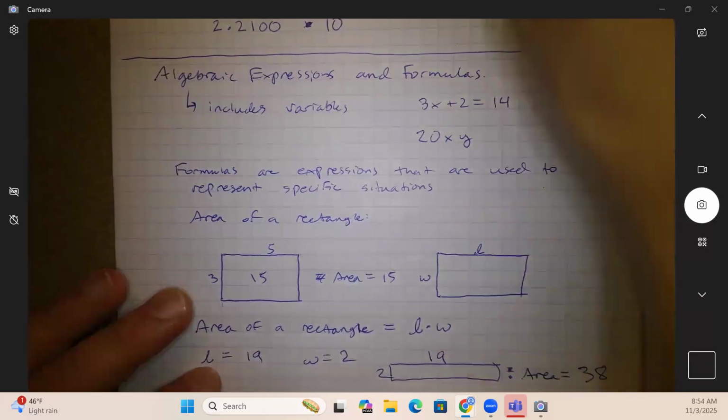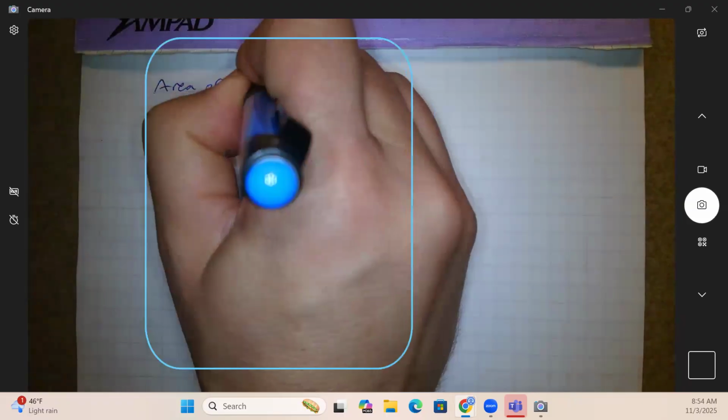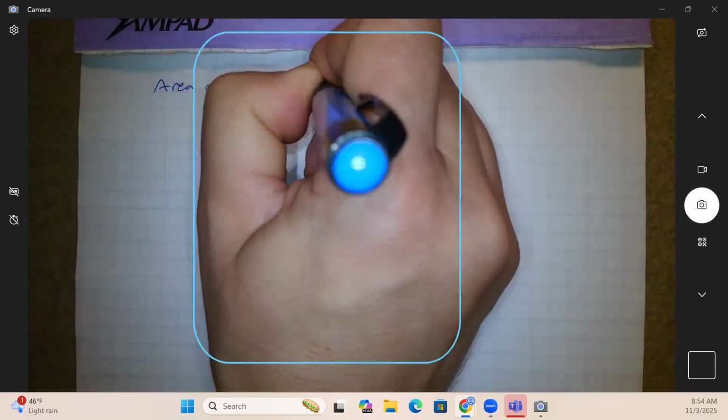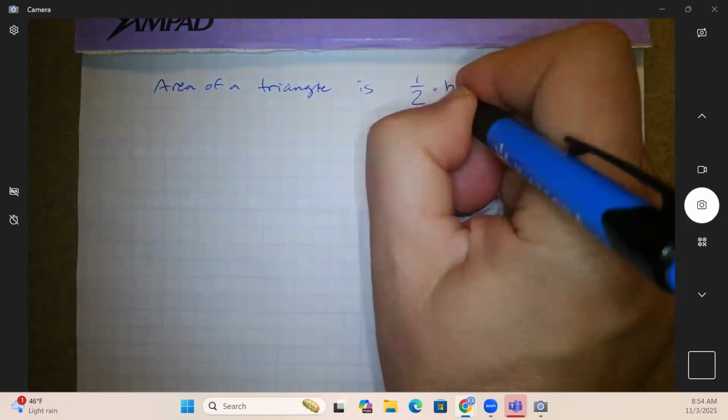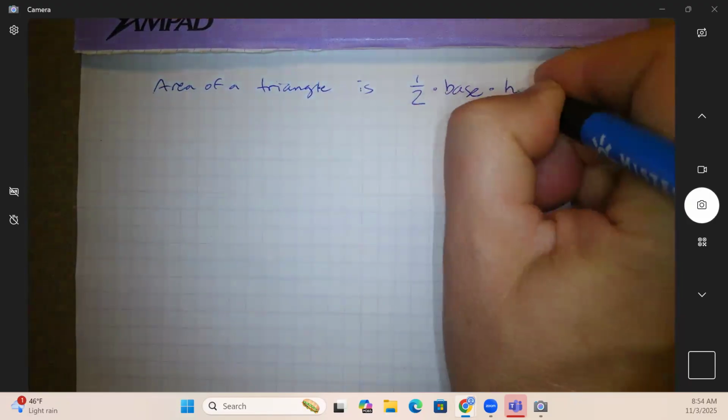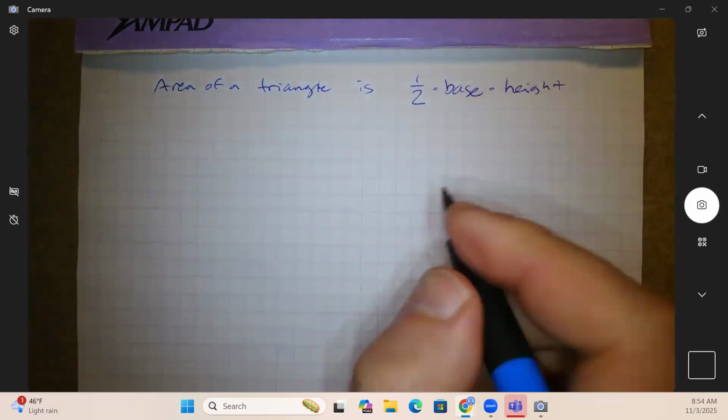Okay. Another common formula, again for area, is the area of a triangle. The area of a triangle is 1/2 times the base times the height of the triangle.